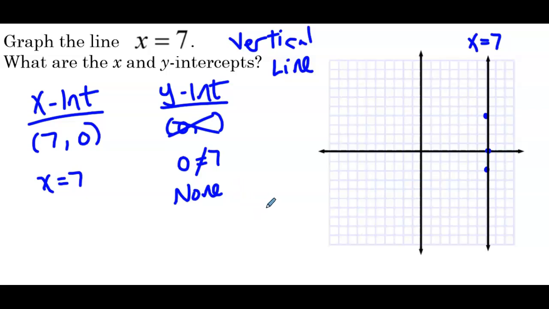Okay, so what we've come up with in this video is a strategy if we get stuck to graph any linear equation. Come up with the x-intercept, come up with the y-intercept. That gives us 2 points on the line, and from there we can graph.